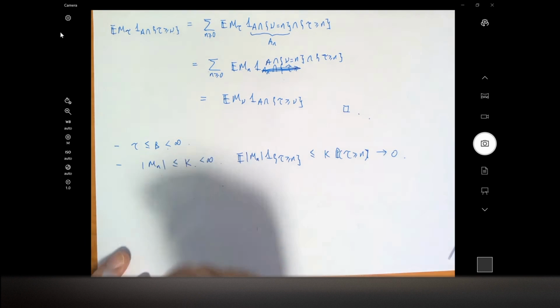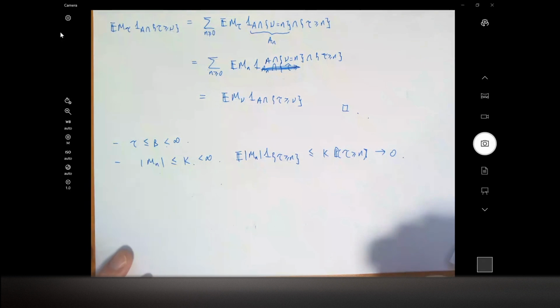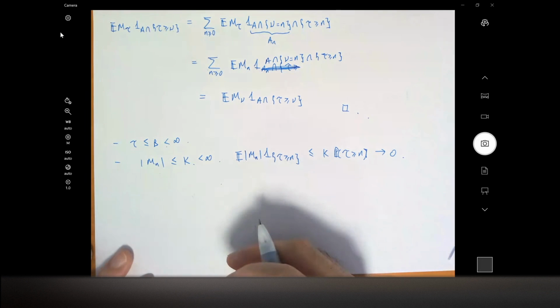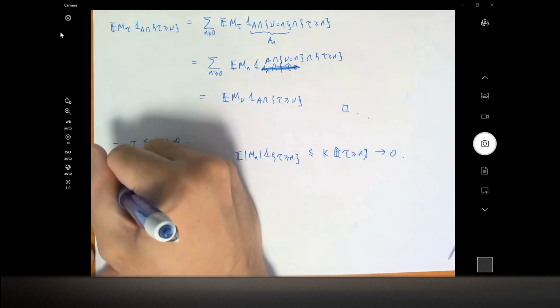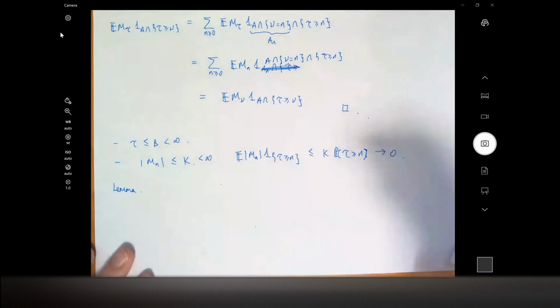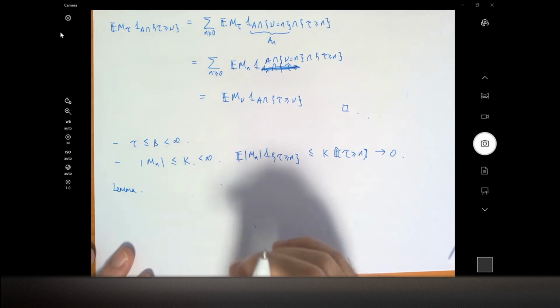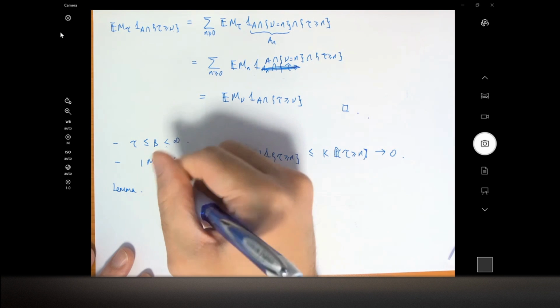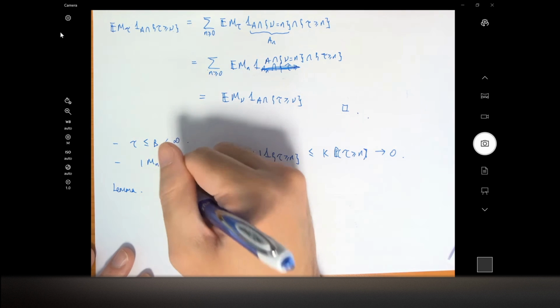There's also other results whereby you actually don't need these optional stopping theorem conditions, but you can still get a similar result whereby the expectation of M tau equals the expectation of M0. So we have another result that doesn't need this, but you need a stronger condition. In this case, we have the so-called bounded increments.